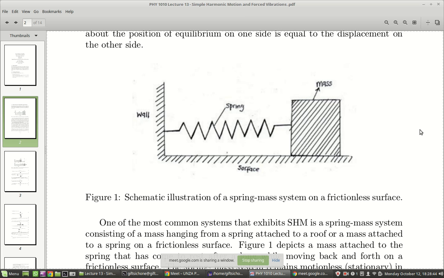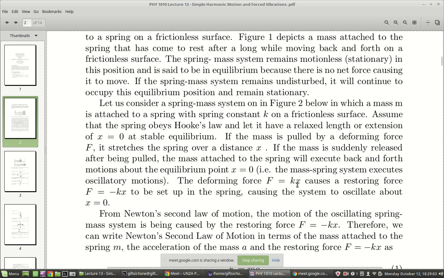That's where Hooke's law comes in. The amount of extension you have caused the spring to extend by, which is equal to x, the displacement, times something called a spring constant, k. So the extension x is multiplied by a physical quantity which springs have, called the spring constant k.